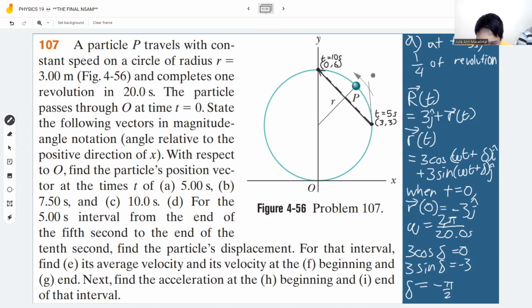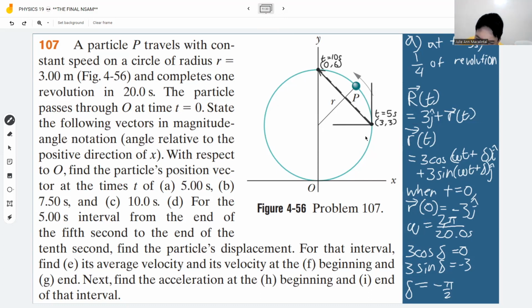So uniform circular motion, the acceleration points in what direction? Pag uniform circular motion, acceleration will always point towards the center of the circle. So, to the left.